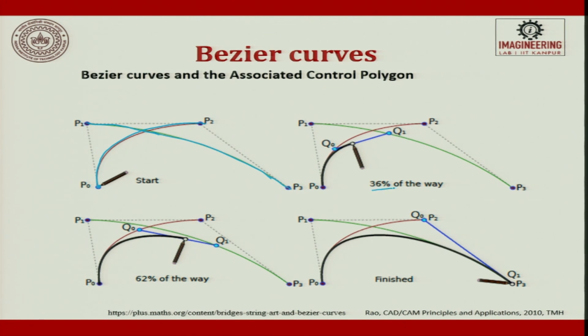Now 36% on its way, if you see, it will try to join this point and this point, and then it will start drawing an arc. You see here it tries to draw along this. When it moves, it will try to define Q0 and Q1 points. So, these are the control points, these are the start point, end point, and these are the points which are generated during the process.